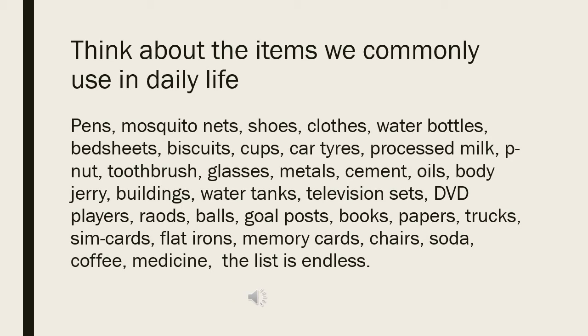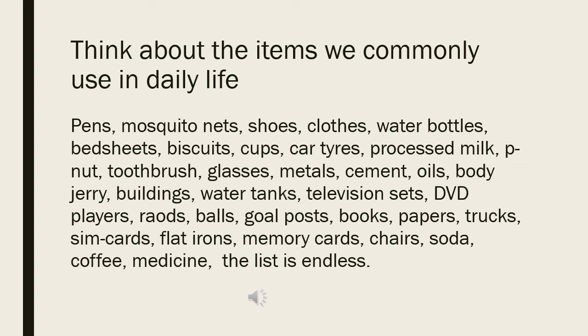Before we begin our topic about standardization, let us think about the items that we use in daily life. You can take examples of items you use in class, like pens and books. We have things like mosquito nets, shoes, clothes, water bottles, or even mineral water bottles.